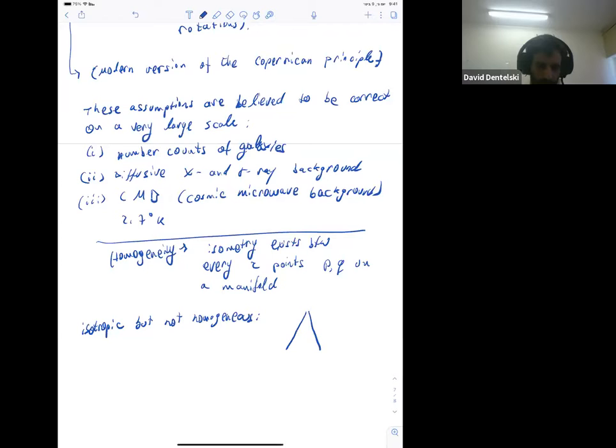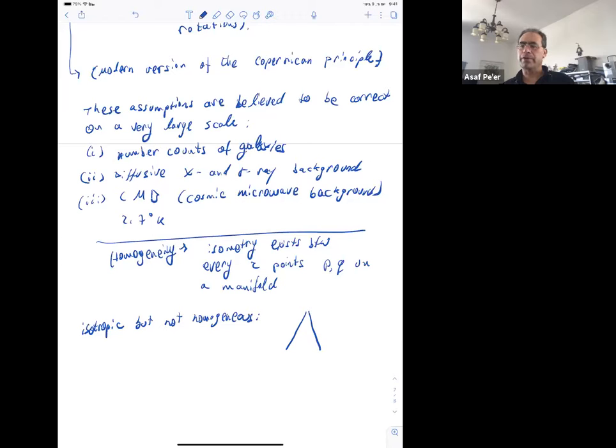You can't have translation, but you can have rotation. No, nothing to do with coordinates. I'm talking about the manifold. Coordinates, remember, is something external. We put it. We can change the pole and put it somewhere else.